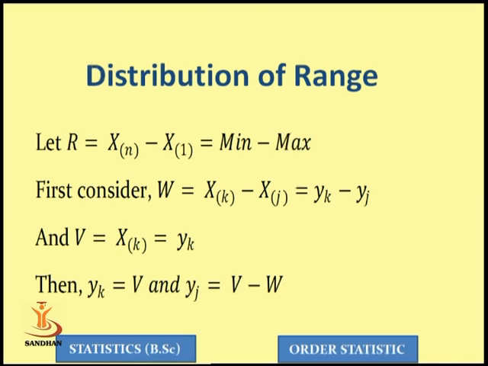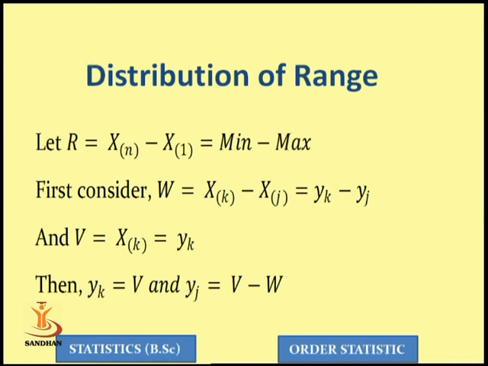Then also we may sometimes be interested in the distribution of the range. As you know, range is defined as the difference between the largest and the smallest value in the data. It should be maximum minus minimum, right? It is xn minus x1. So suppose we denote it by w. First of all, we consider the difference between the kth and the jth ordered value.